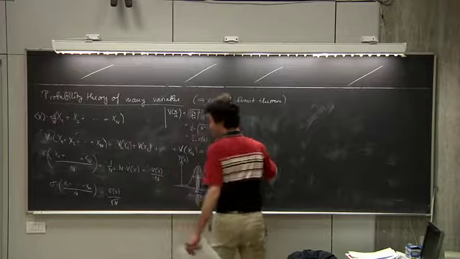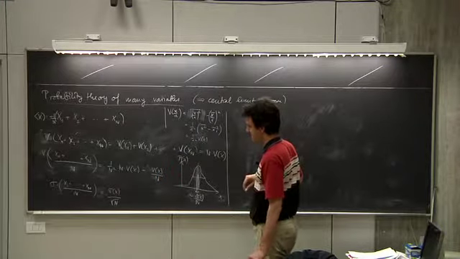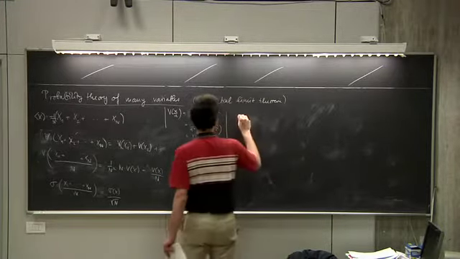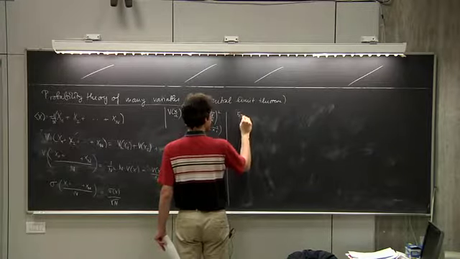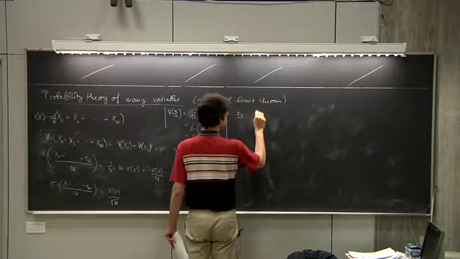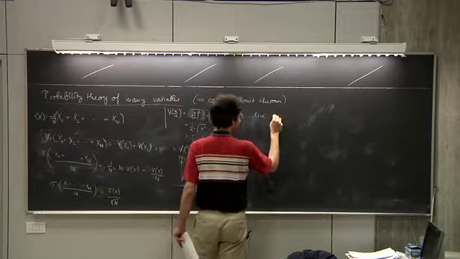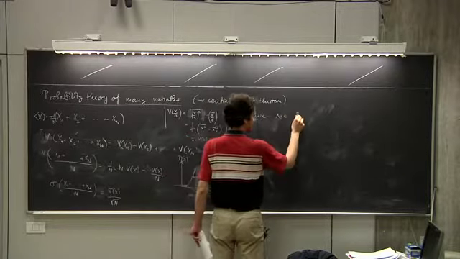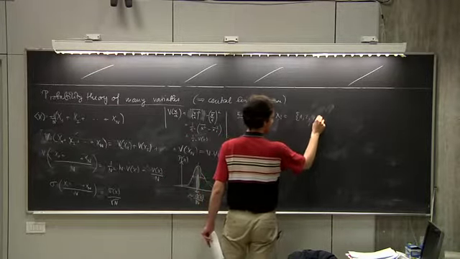Well, just a little example maybe. Take a dice, no? So there the xi are just 1, 2, 3, 4, 5, 6.